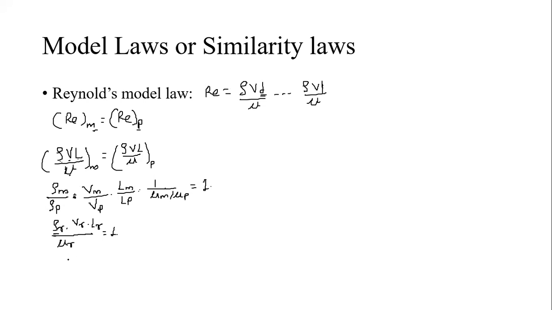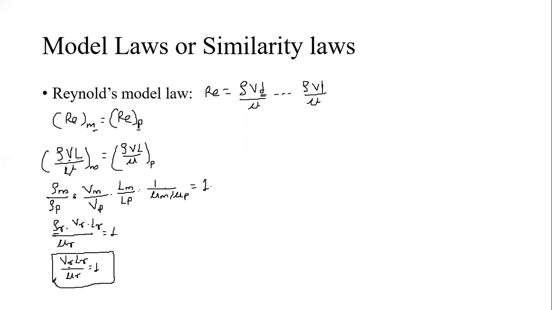So what will remain here is the velocity scale ratio into the length scale ratio divided by the viscosity scale ratio equals 1. ये कब ऐसा आएगा? जब जो फ्लूइड आप यूज कर रहे हैं मॉडल और प्रोटोटाइप में, यदि वो फ्लूइड मॉडल और प्रोटोटाइप में सेम है तो उसका डेंसिटी सेम रहेगा और उसका रेशियो क्या आएगा हमारा? उसका स्केल रेशियो हमारा 1 आ जाएगा.